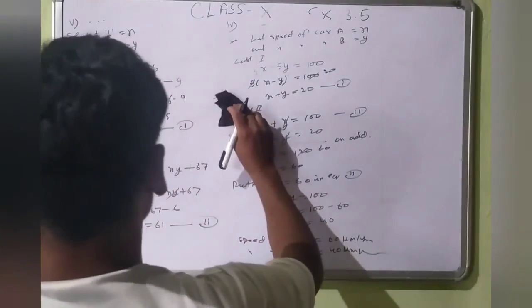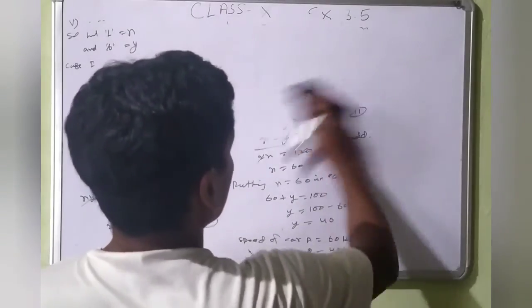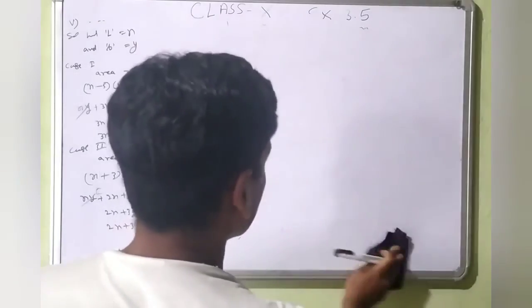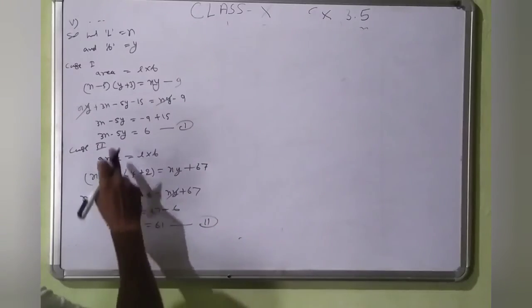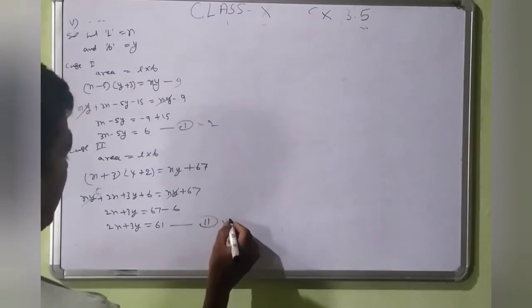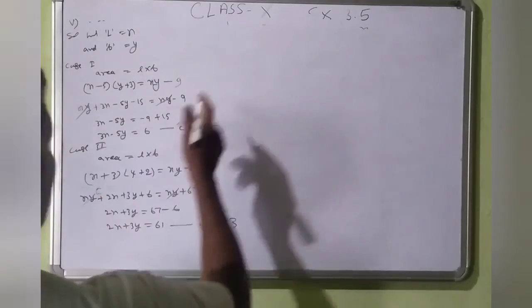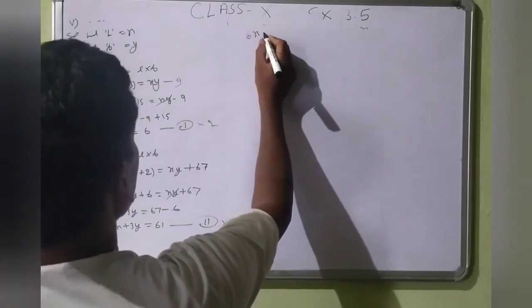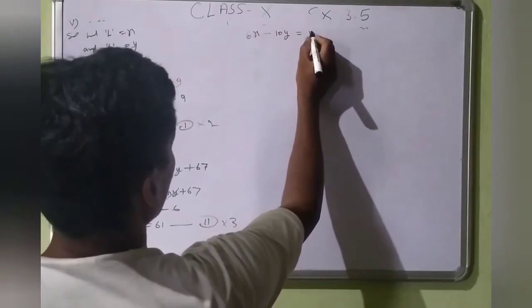Now both equations are here, equation number first and second. Is the coefficient of x or y equal in any? No, these are not equal. So multiply this one by 2 and this one by 3 for the x value. 3 times 2 is 6x minus 10y is equal to 6 times 2 is 12.